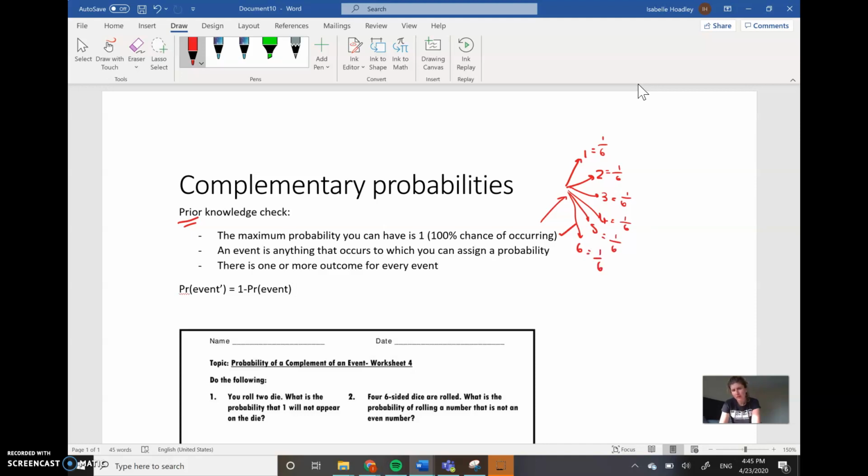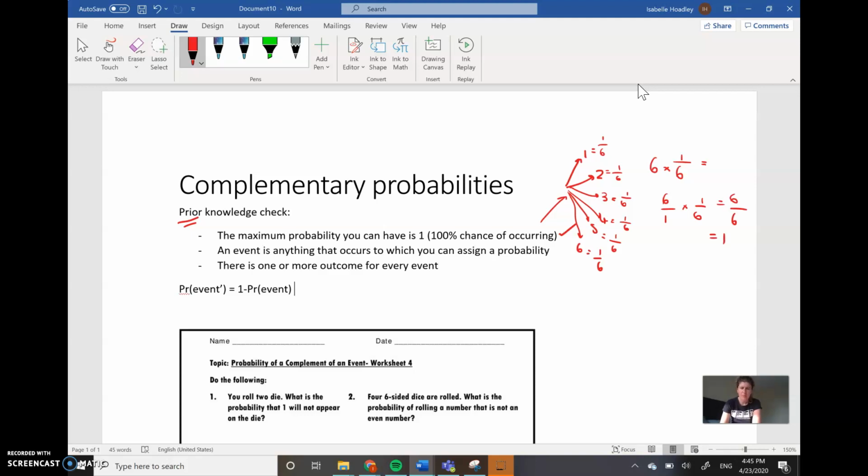Now if we added all these together, or actually we'll multiply it, because there's 6 of these and each of the probabilities is 1/6, 6 times 1/6, that's 6 over 1 times 1 over 6, which is 6 over 6, which is 1.